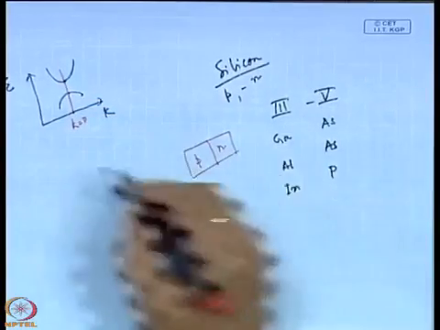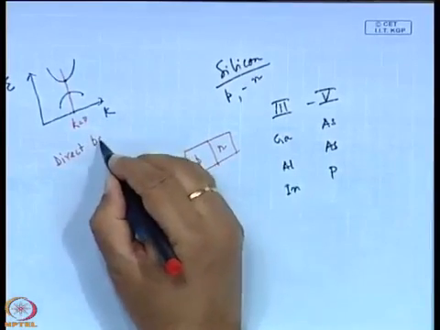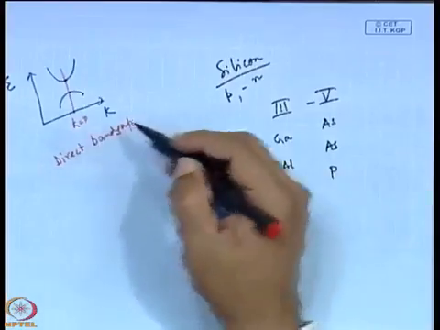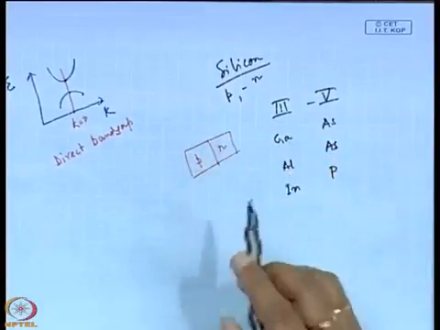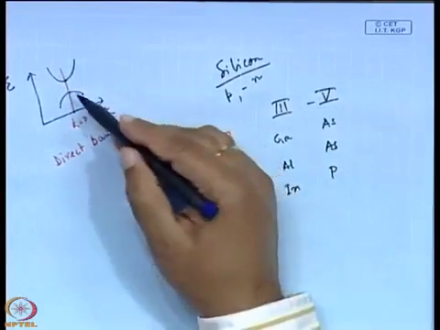Then it is known as the direct band gap semiconductor. In a direct band gap semiconductor, it is very easy to fabricate the light emitting diode, because of the same momentum.